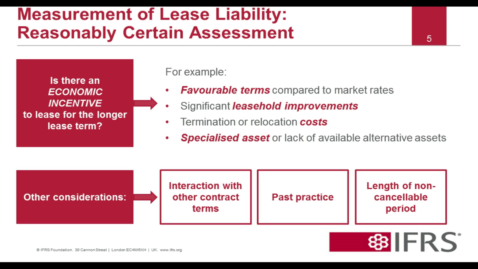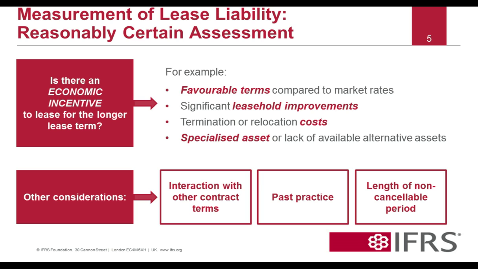So this slide shows some of the things that lessees should be thinking about when making the reasonably certain assessment. IFRS 16 requires a lessee to consider all relevant facts and circumstances that create an economic incentive for the lessee to take the longer lease term. On the right-hand side of the slide, you can see some examples of circumstances that might create such an economic incentive.